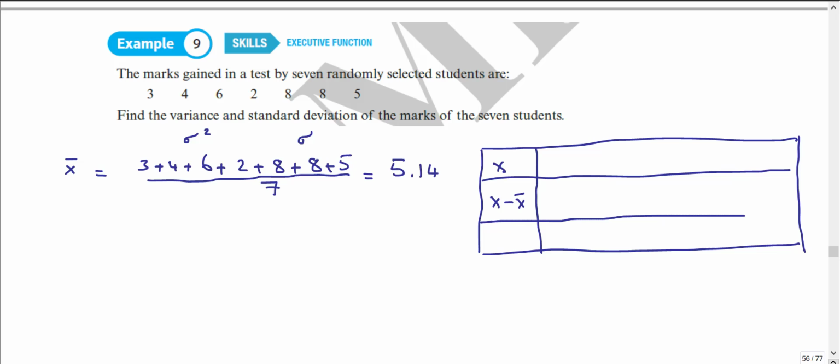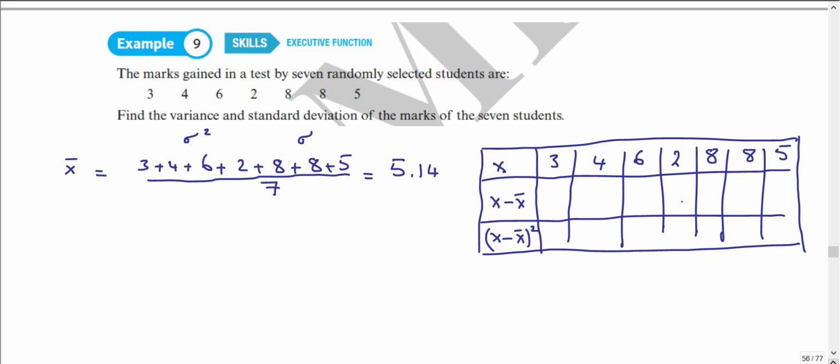The third row is for x minus mean squared. We always do this. Put the data: 3, 4, 6, 2, 8, 8, 5.